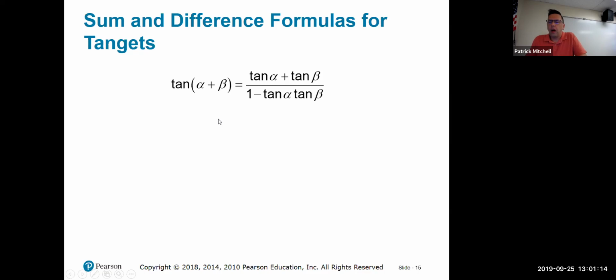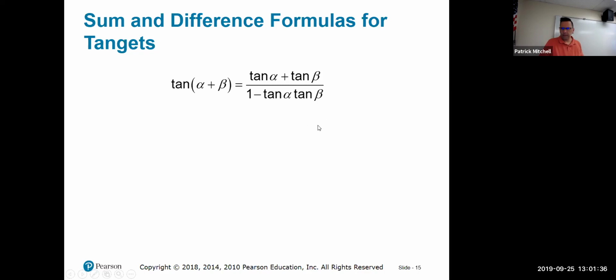If somebody asked me the sum formula for tangent, I'm not 100% confident I could remember it off the top of my head. So I don't think it's one that's super important for you to remember. But I would like you to at least see it.